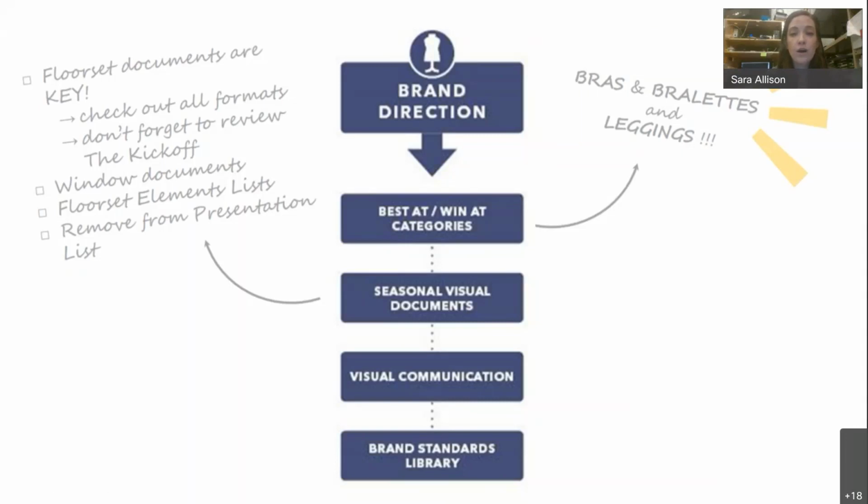We also have our expected category percent to business there. So that can really give you a good gauge on like, am I tracking once I get 2 or 3 weeks into the floor set, are my bralettes at 11% like they're supposed to be? Or is there something I need to look at differently? So that gives you a lot of great info about expectations for the season.